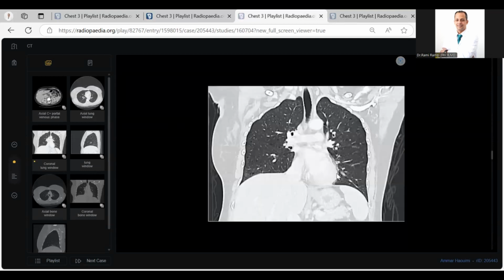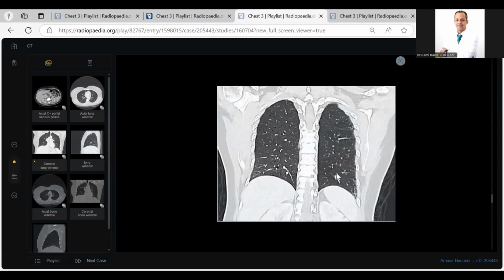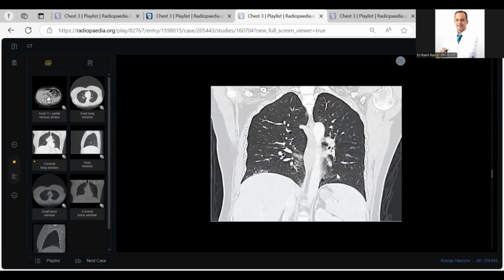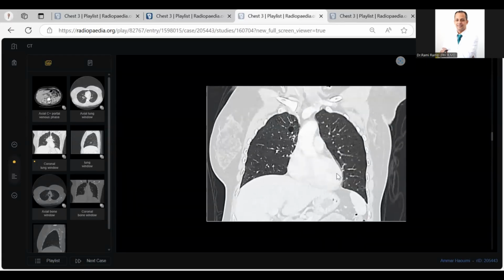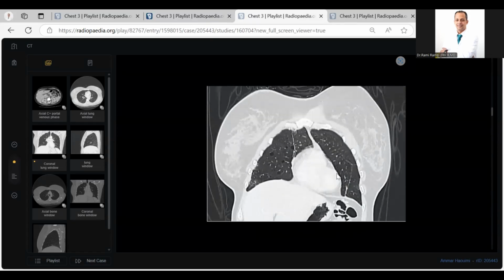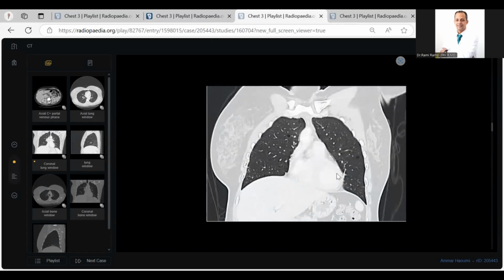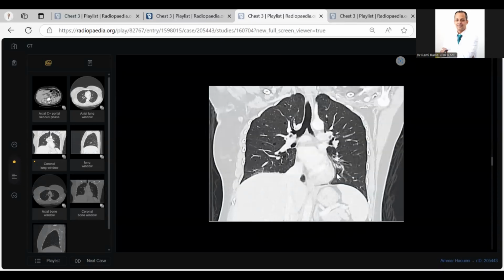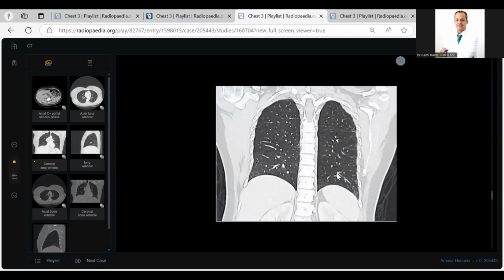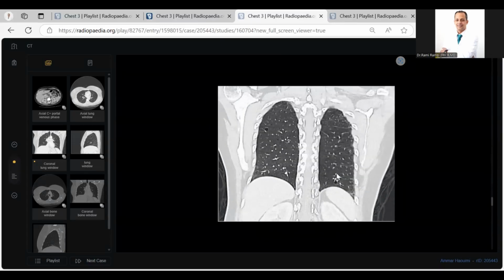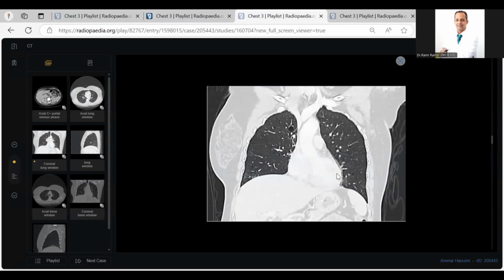Case number two, you did very well. There are multiple bilateral thin wall, well-defined, scattered cystic lesions without zonal predilection in a female patient. There is no interstitial lung disease or volume loss.